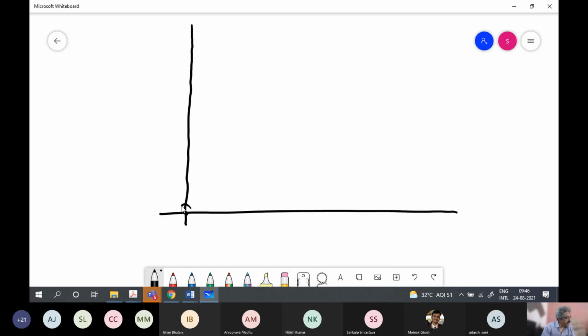One point is here, the other point is here, suppose. I have drawn a straight line joining them. Now I have a point, maybe a point here.